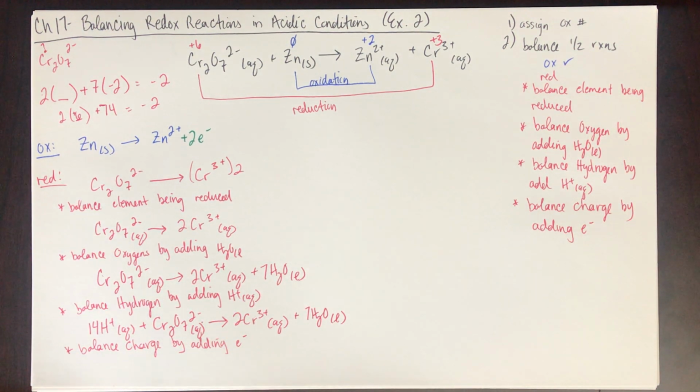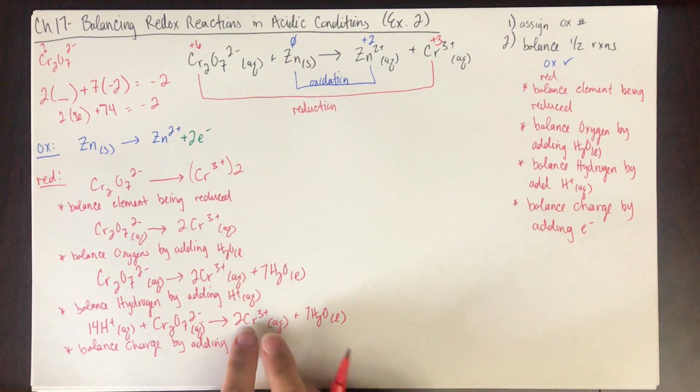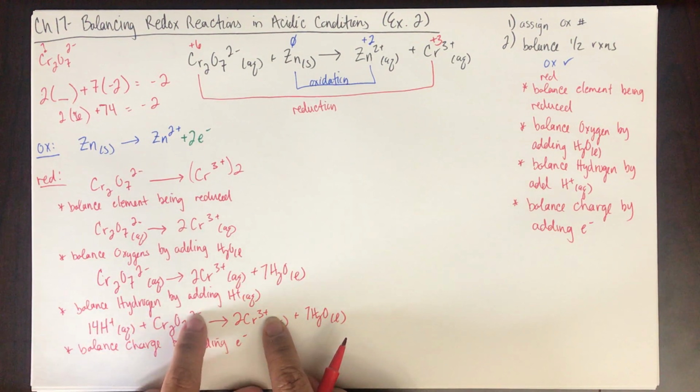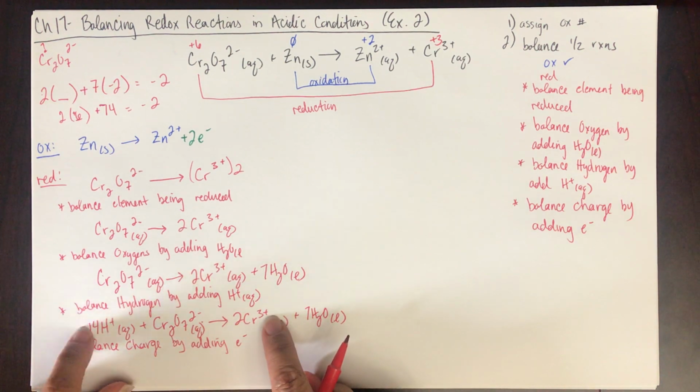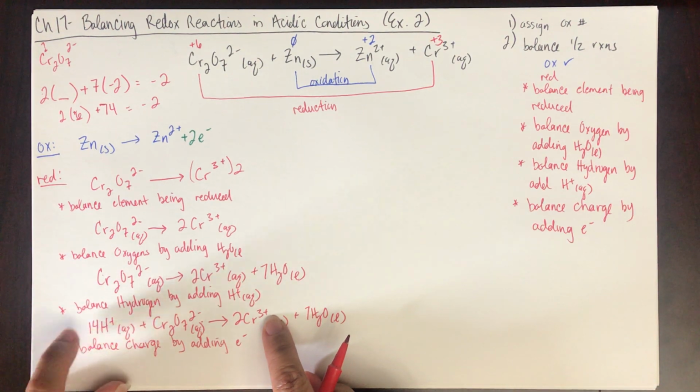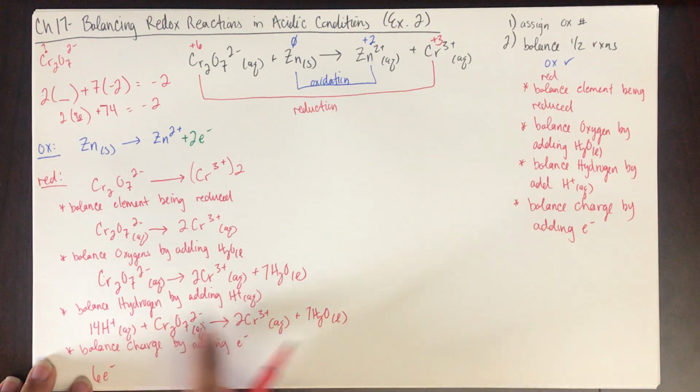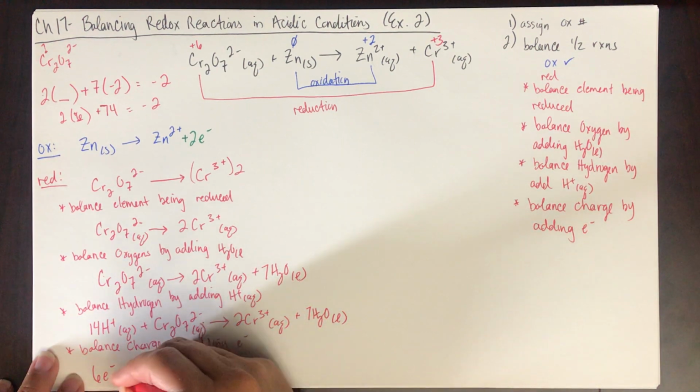Remember, we can only balance with electrons by adding electrons to the more positive side. This side of the equation has a charge of positive 6 because I have 2 times positive 3. This side has 14 minus 2, it has 12. So if this has 6 and this has 12, that means this side needs 6 electrons, so that I have a charge of positive 6 on both sides.